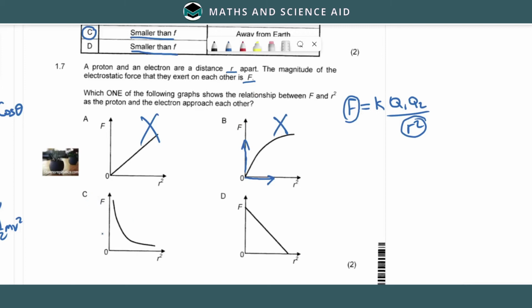And now graph C suggests that the force decreases as r squared increases, but in an exponential fashion. So it's correct that F decreases as r squared increases. It is not correct that it would be in an exponential fashion.